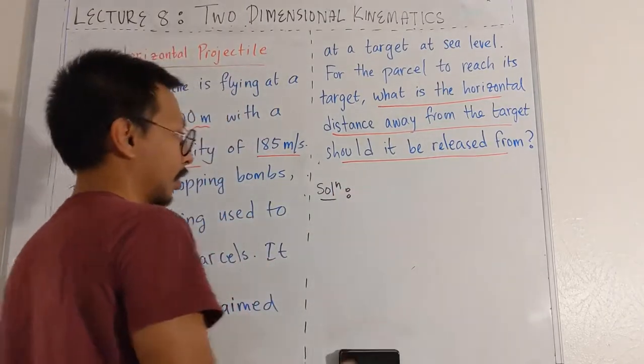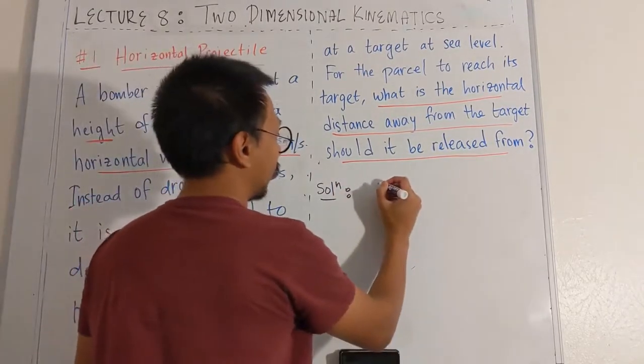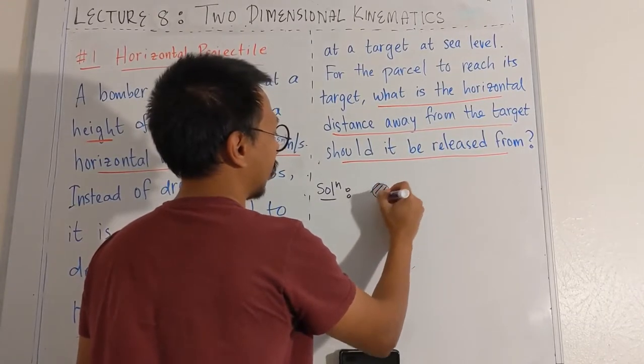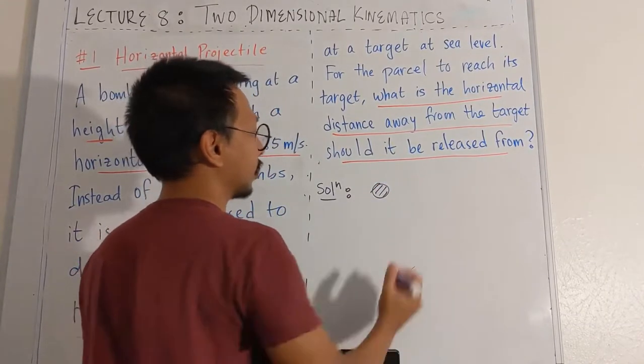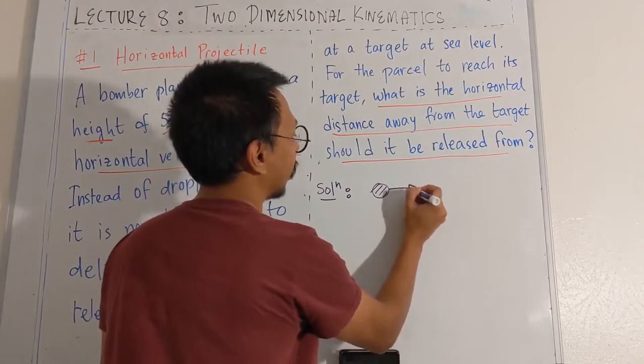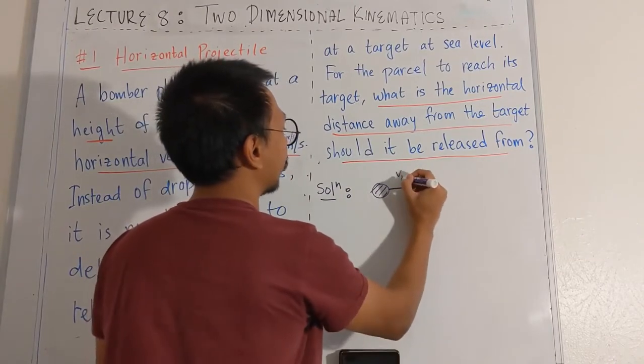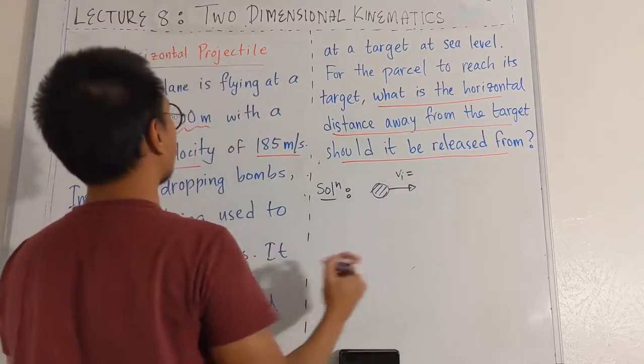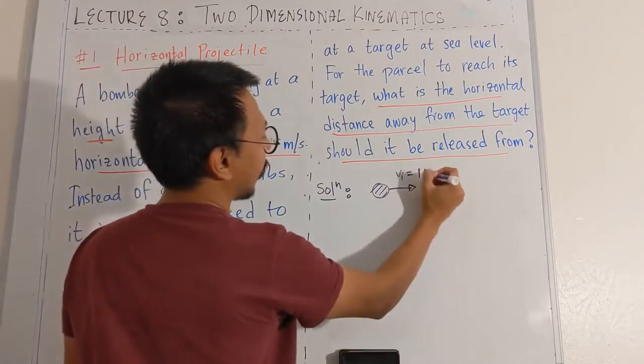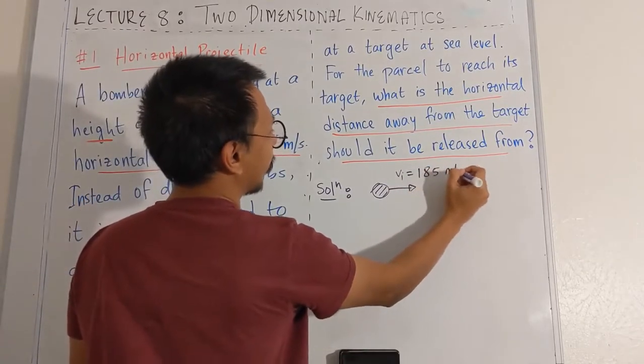So, modeling the plane as a blob, the plane was moving at an initial horizontal velocity of 185 meters per second.